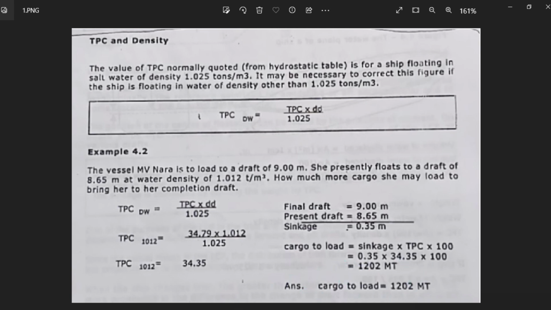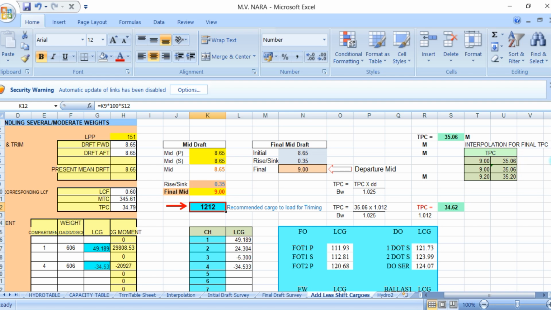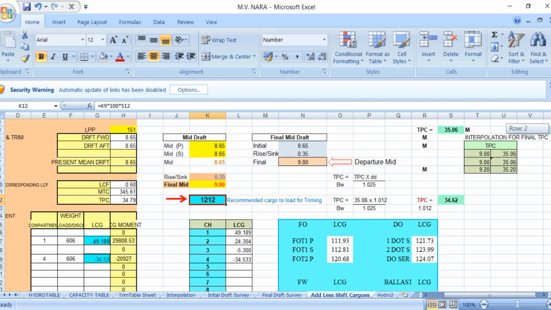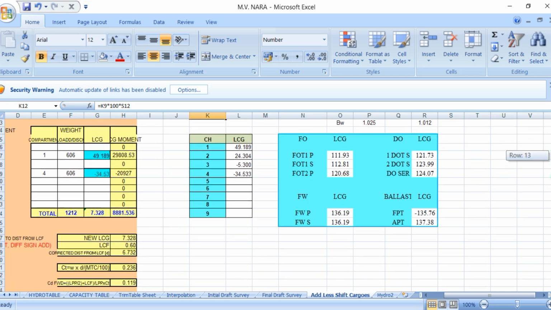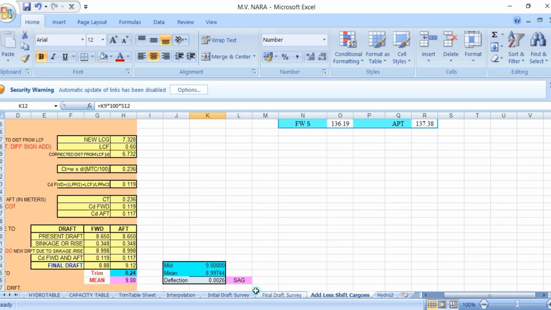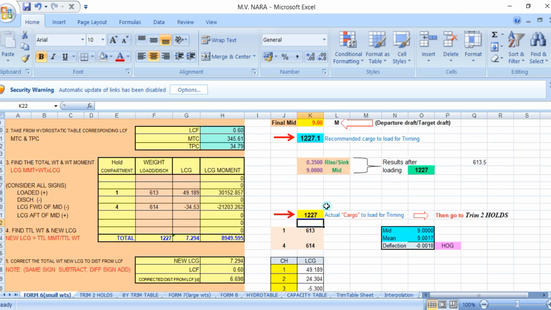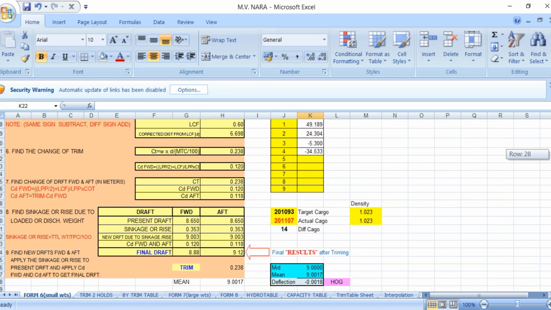But in this program, you will know how much you will load in number 1 and number 4, and you will have a forward draft and aft draft. Same with this one, and you will have forward draft and aft draft.